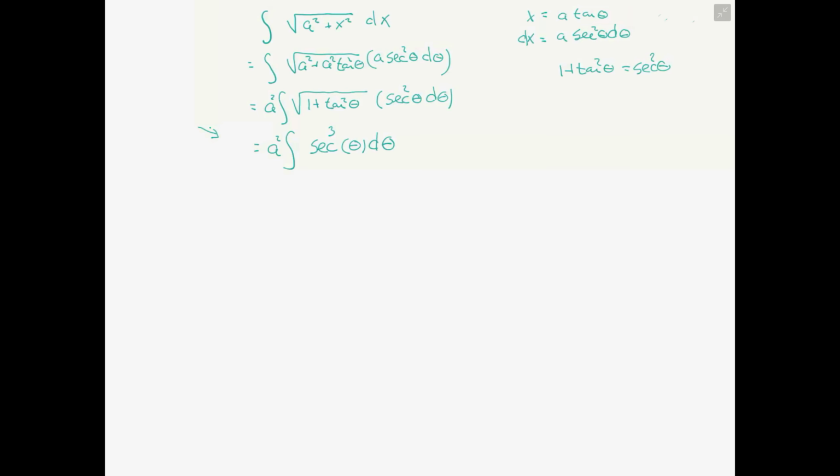So, again, it comes down to selecting the right variables for integration by parts. So u and v, let's use u equals secant theta, du equals secant theta tangent theta d theta, and v equals tangent theta, and dv equals secant squared theta d theta.